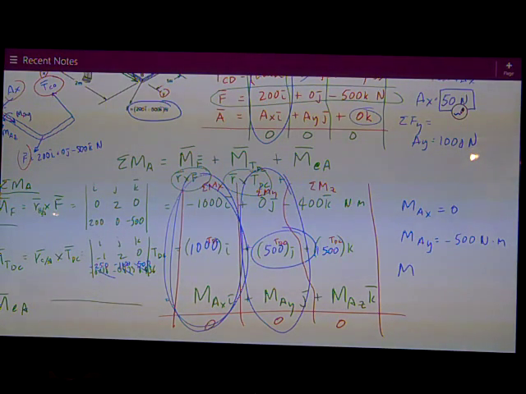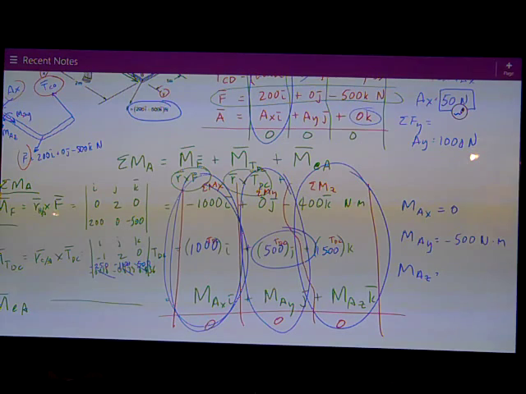And MAZ is just summing this column, setting it equal to 0. I got positive 1,500, negative 400, positive 1,100. That makes MAZ negative 1,100 Newton meters. And so I can solve it that way.